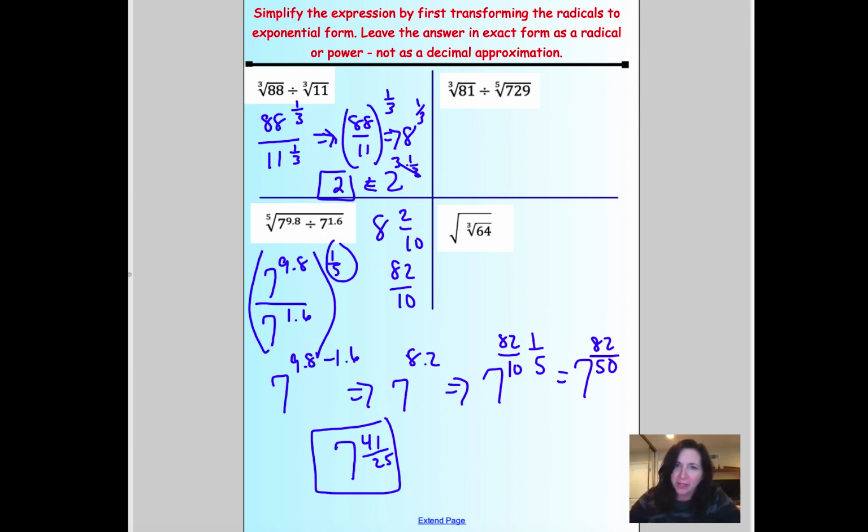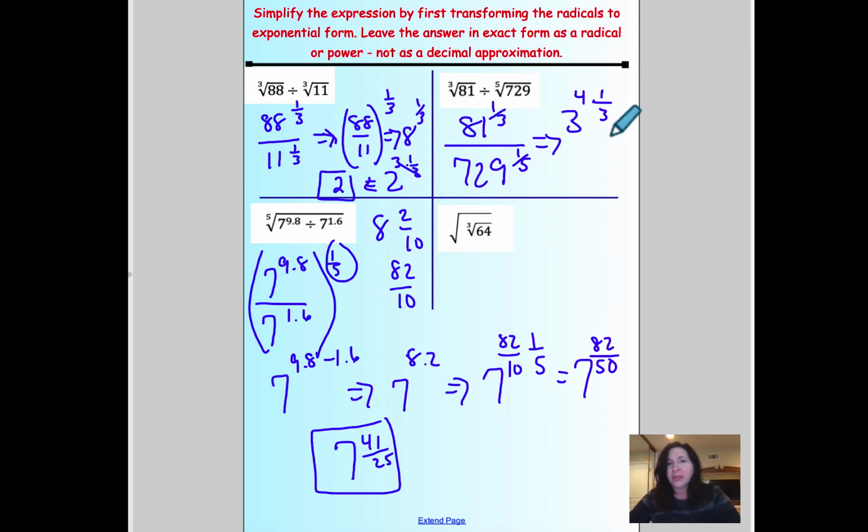For this problem, what we're going to do is rewrite it. This is going to be 81 to the 1/3 power over 729 to the 1/5 power. On the top, 81 is 3 to the 4th power, to the 1/3 power.